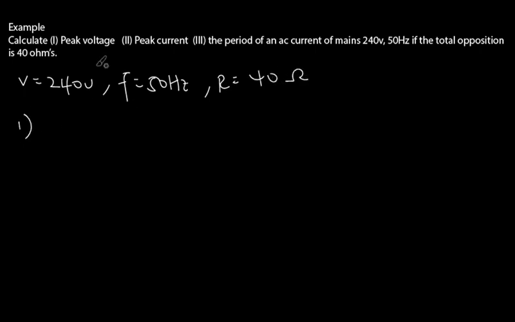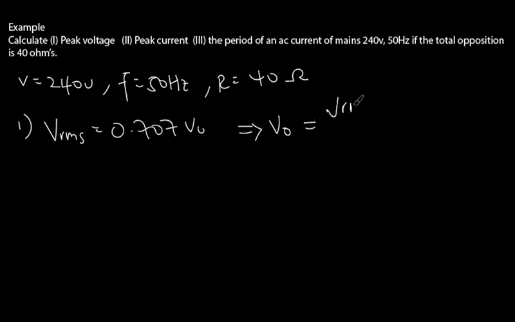Now we have to find the peak voltage, which is V naught. Because we are given voltage, we know the voltage in AC theory is the root mean square voltage. The relationship between the root mean square voltage and the peak voltage V naught is that the root mean square voltage is equal to 0.707 V naught. So when we want to find V naught, we make V naught the subject, which gives the root mean square voltage divided by 0.707.